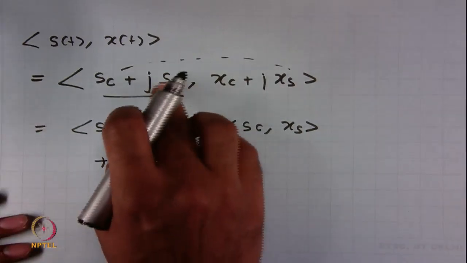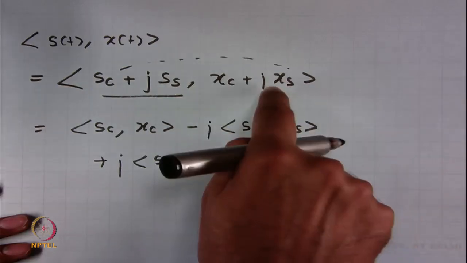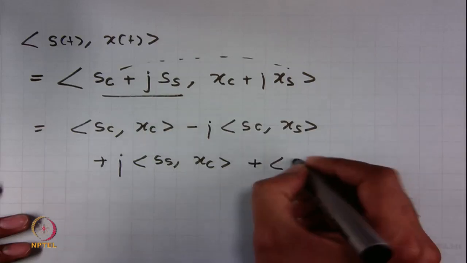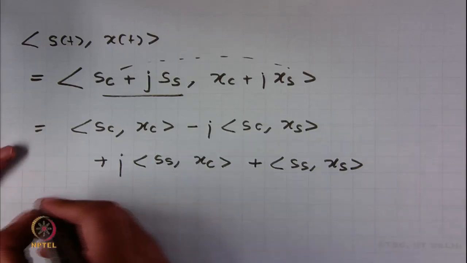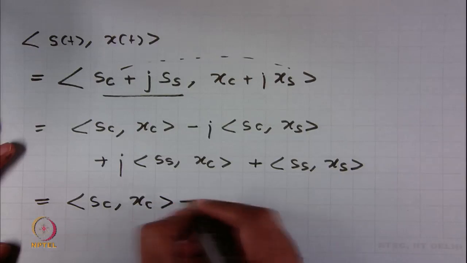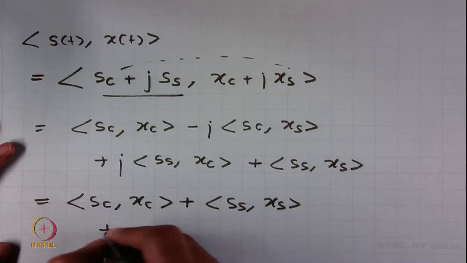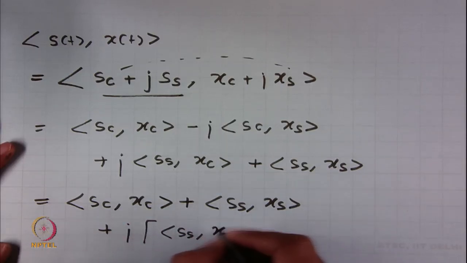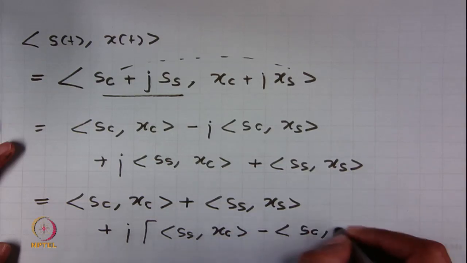Then I have to multiply this term with this term, I get minus and this j comes with a conjugate. So, there would be a plus SS and XS. So, I can write this as SC XC plus SS XS plus j times SS XC minus SC XS.